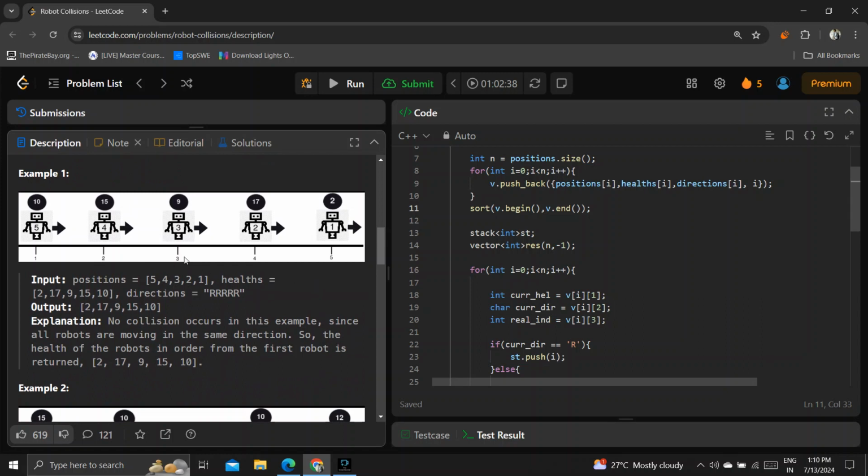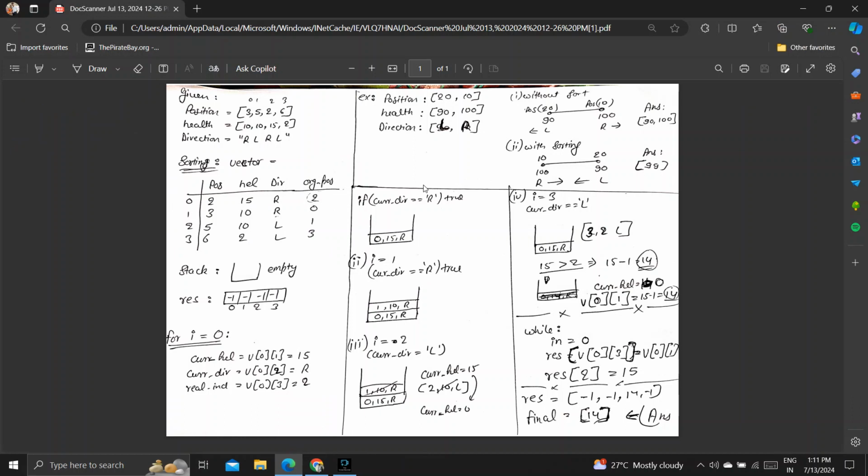Now, coming to why we have to sort it and why we cannot do it in this way only. Here I have taken one example. We are given positions 20 and 10, health equal to 90 and 100, and directions left and right. So if we do not sort this particular vector, what will happen?